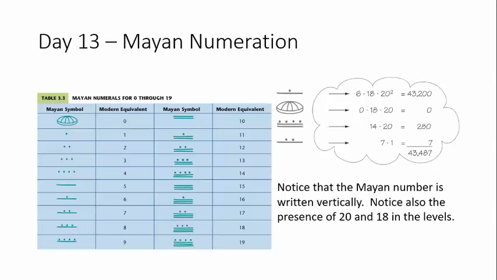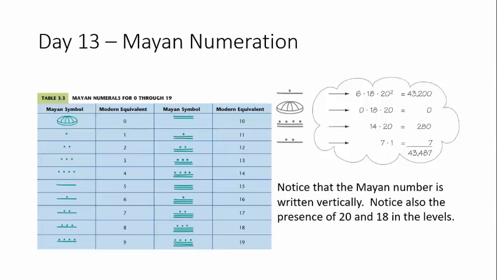The third level here has the shell, so that's 0. And this third level is 18 times 20. That's the multiplier. That's 360. And that sounds almost like the number of days in a year. That's why they have that there. All right, and then the fourth level that we have here, you'll see a stick and a dot, which represents 6.